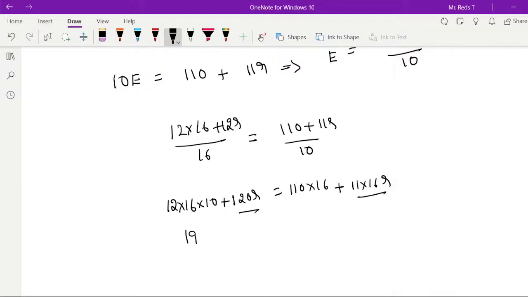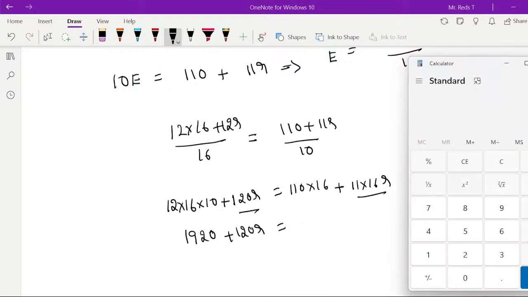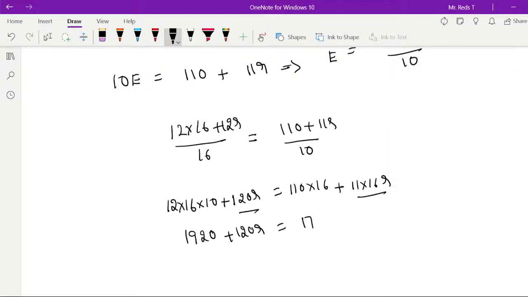So 1920 plus 120R is equal to 11 into 16, 1760 plus 176R, right? So you take 120R and 176R, bring it here and bring this.